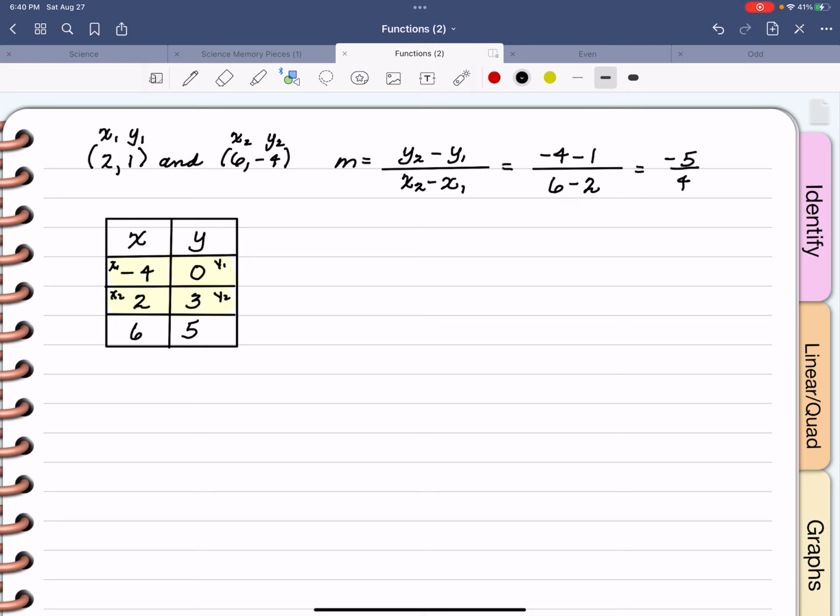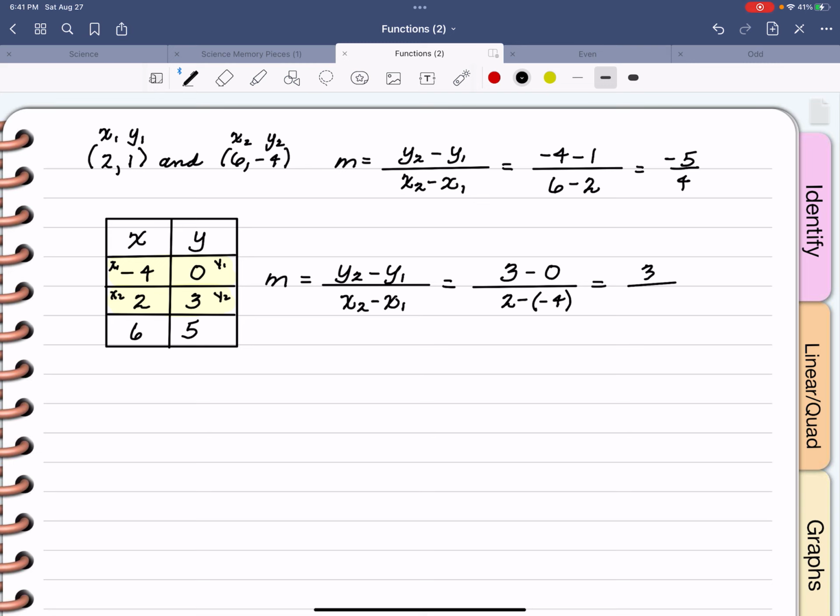And let's set up the slope formula. So we have slope is y sub 2 minus y sub 1 over x sub 2 minus x sub 1. y2 is 3, y1 is 0, x2 is 2, x1 is -4.